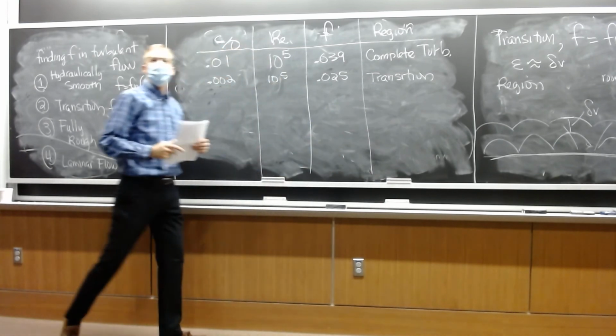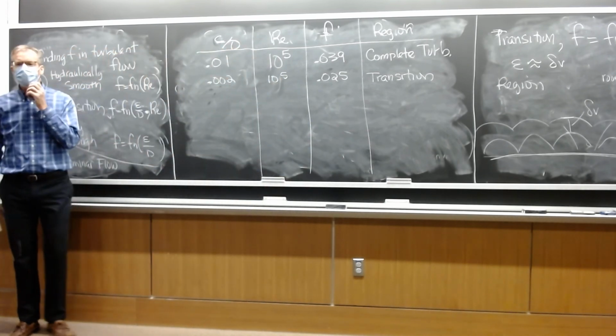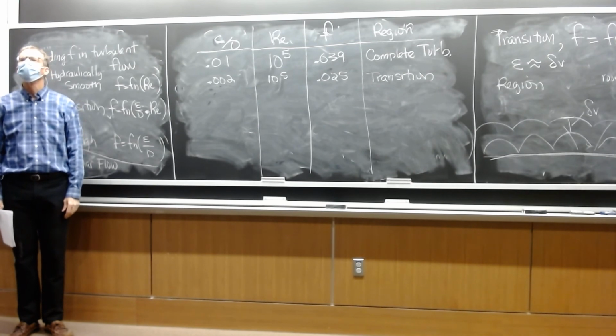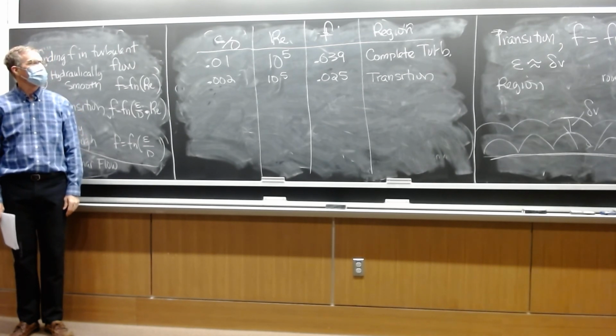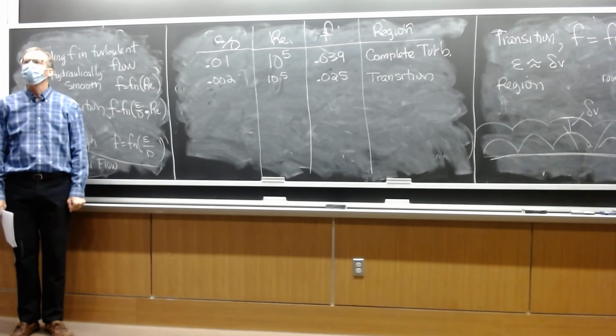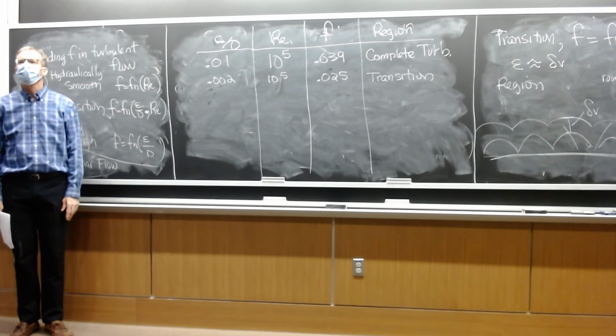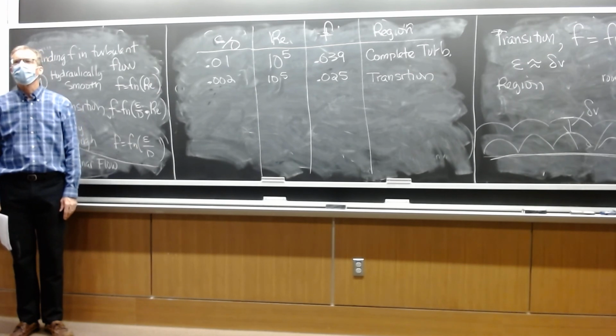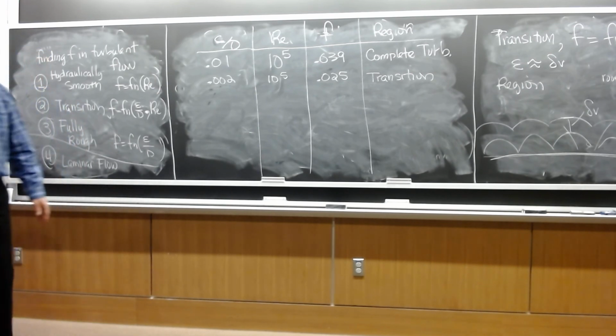Ask questions out there on the Zoom call if you're not getting that. I don't think we did the first one right. Because 10 to the 5th would leave us in between 0.01 and 0.005 for our relative pipe roughness. Do we have a 0.01? Yeah. 0.01, 10 to the 5th. One is above the dashed line, so it's assuming complete turbulence.